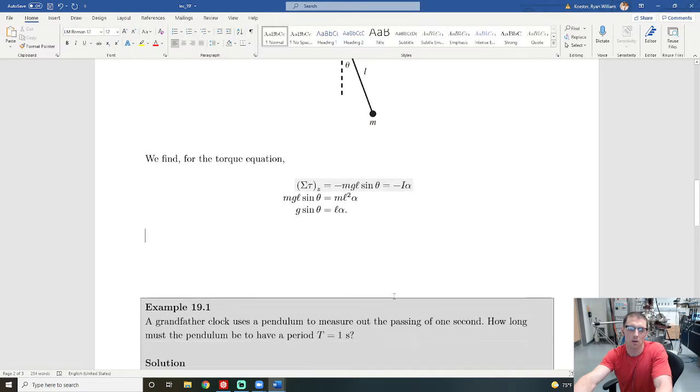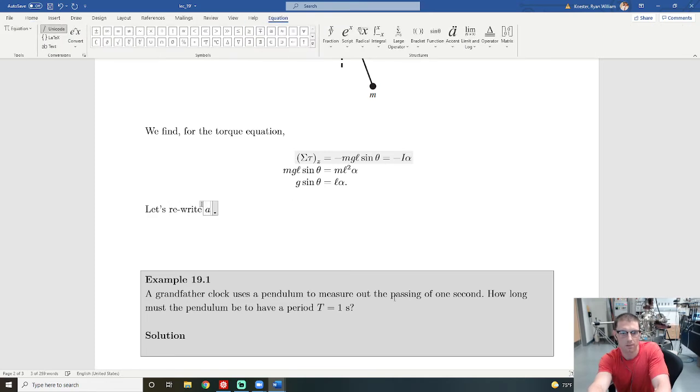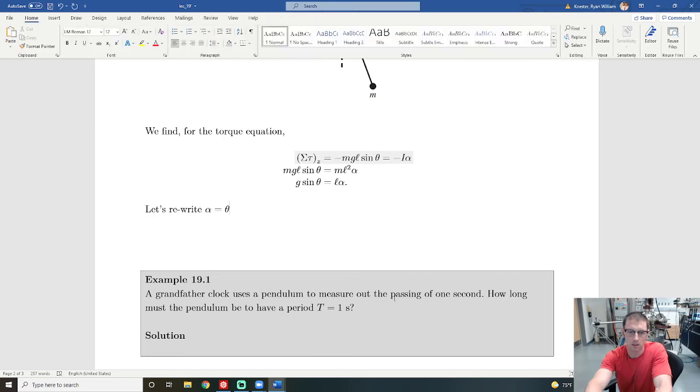And what I'm going to do next is rewrite alpha equals theta double dot.